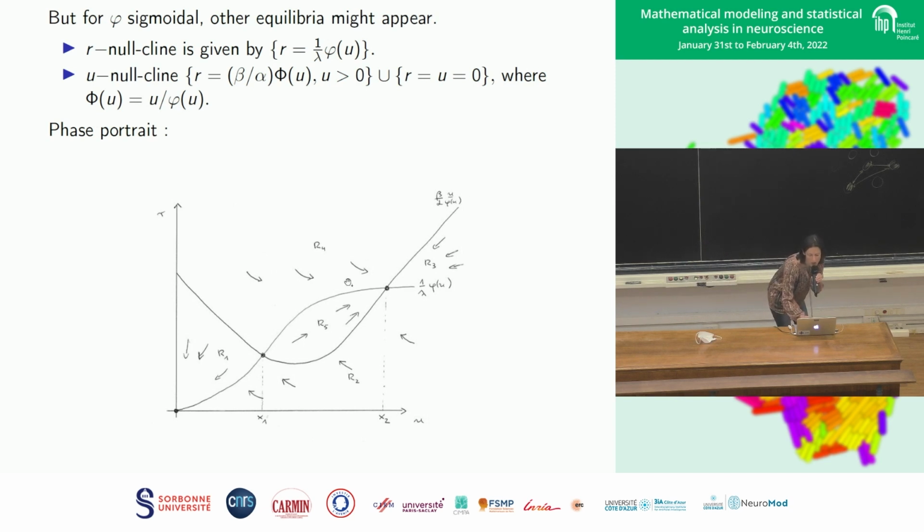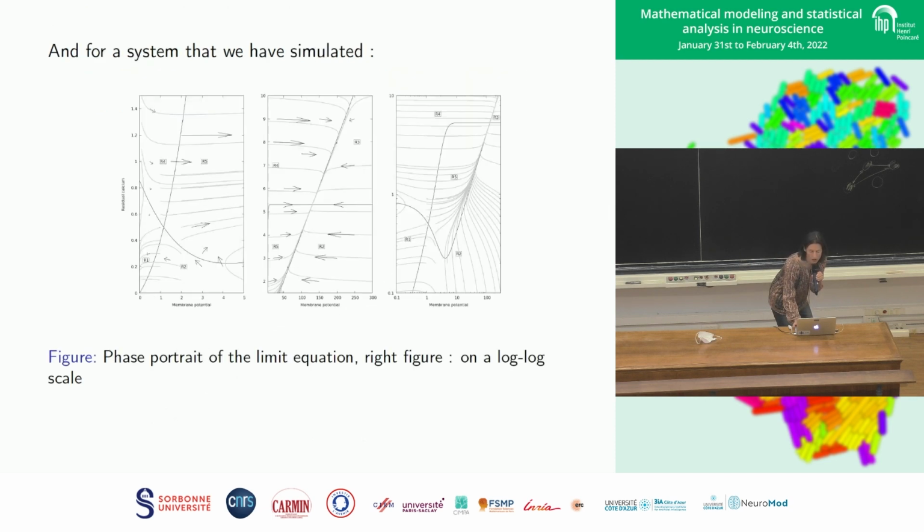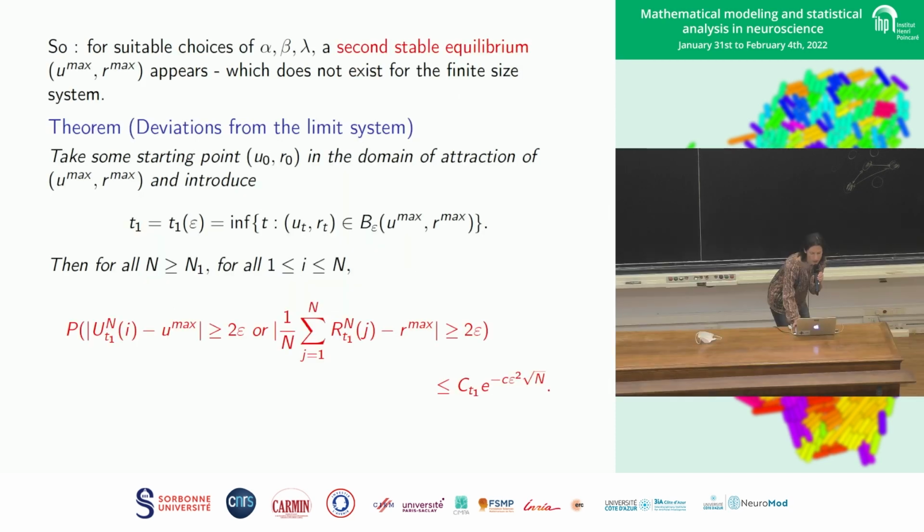Okay. So if we expose our system to some initial stimulus that puts it into this region of the state space, then certainly it will stay there for some time, because as I told you, it stays in tubes around the limit system over any fixed time interval. This is a simulation of the phase portrait of the limit process. And this is the theorem which tells you once more the deviations.